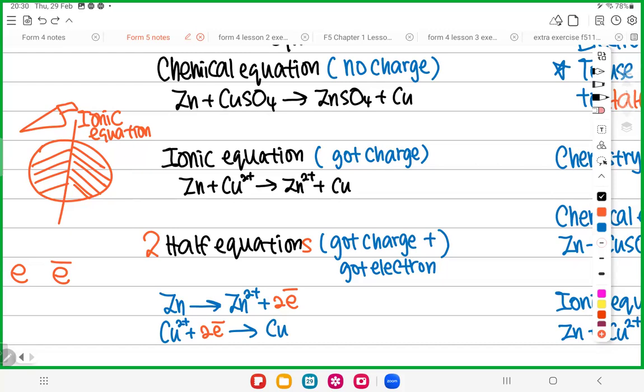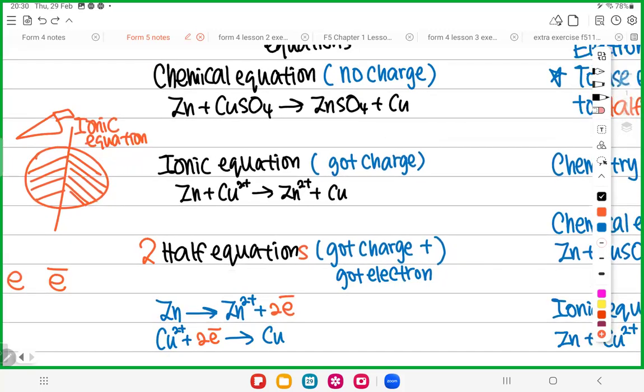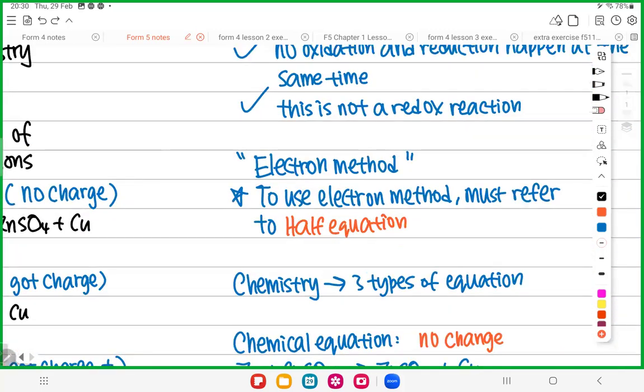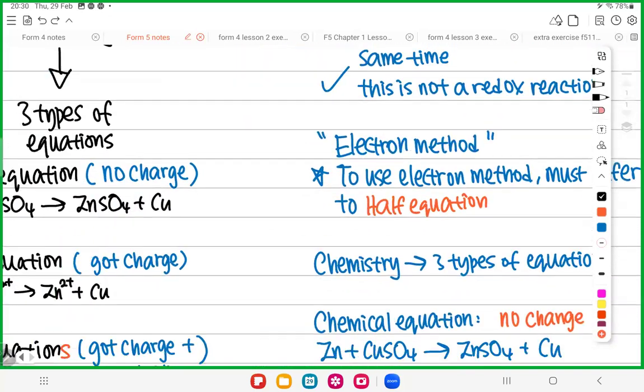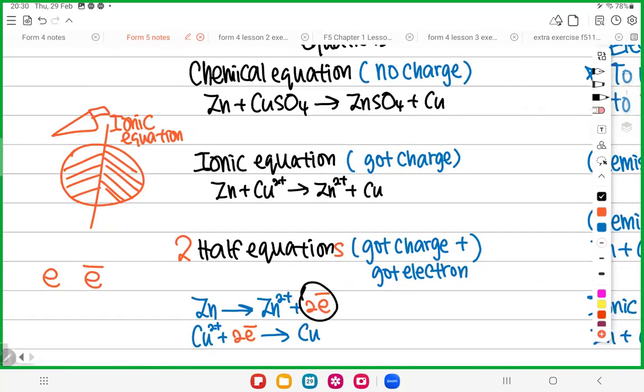Now, if I want to use the electron method to find oxidation, or to find reduction, you must have a half equation. Why? Because only in a half equation can you see the electron. To use the electron method, you need to see the electron.